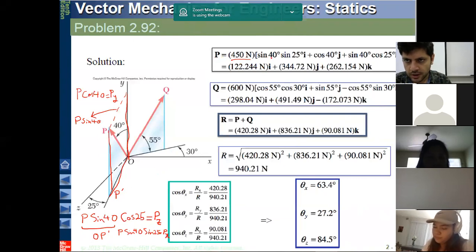Then I have sine 40 sine 25 times i, which is the unit vector in the x direction. Then cosine 40, which would be py, and sine 40 cosine 25, which is this pz formula I wrote down here.